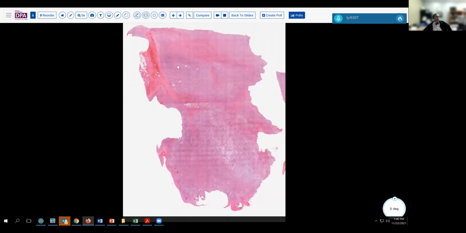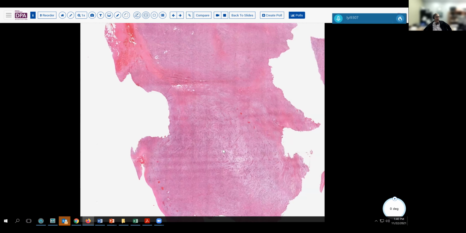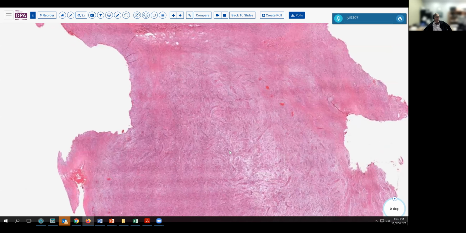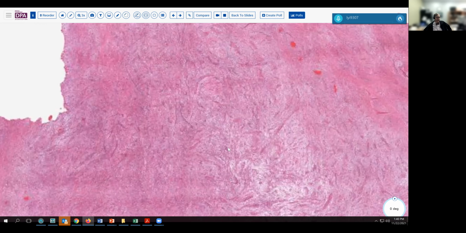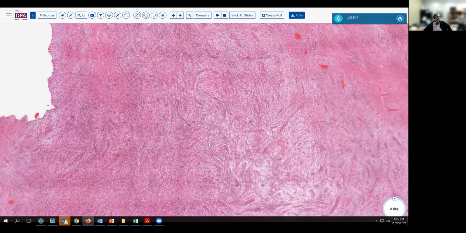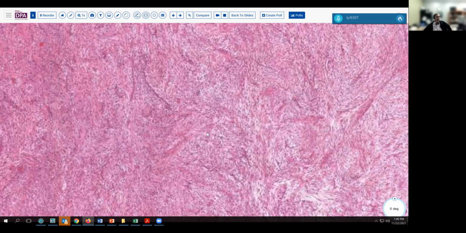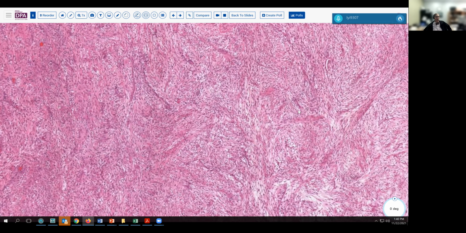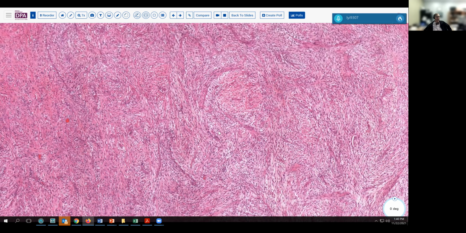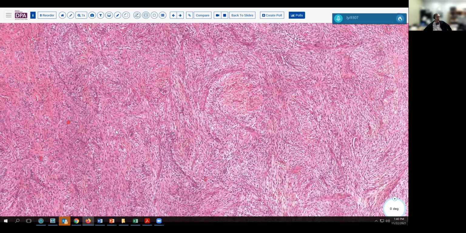Here you can see, again, a slightly nodular example, a little bit of myxoid tissue. And as we come into high magnification, I think this is actually just another section from the same tumor. You can again see this quite low-grade appearance. And a few linear, slightly branching vessels, loose myxoid tissue, low-grade spindle cell appearance.